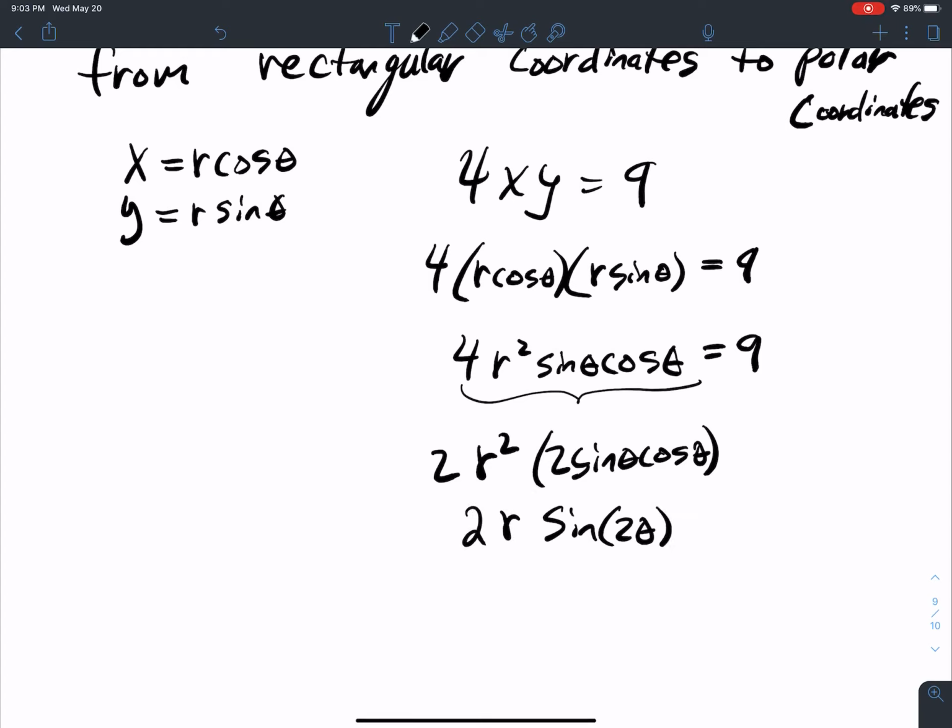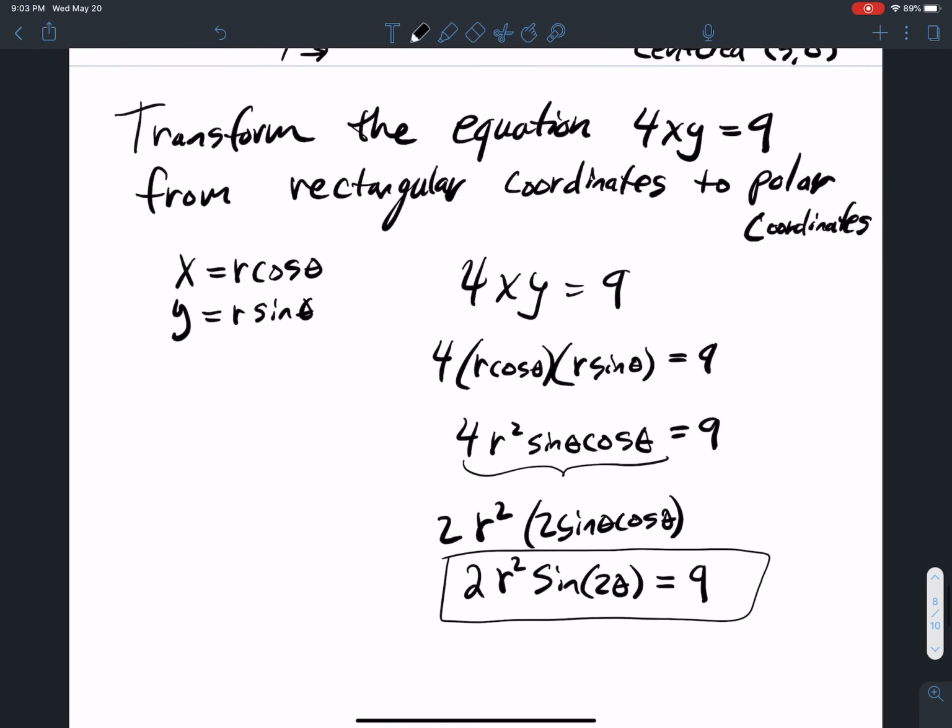So I have 2 r squared sine 2 theta equal to 9. Maybe that makes it easier. Okay, so this is the polar form of the equation, and that's as simplified as I would ever care to do it. All right, good luck.